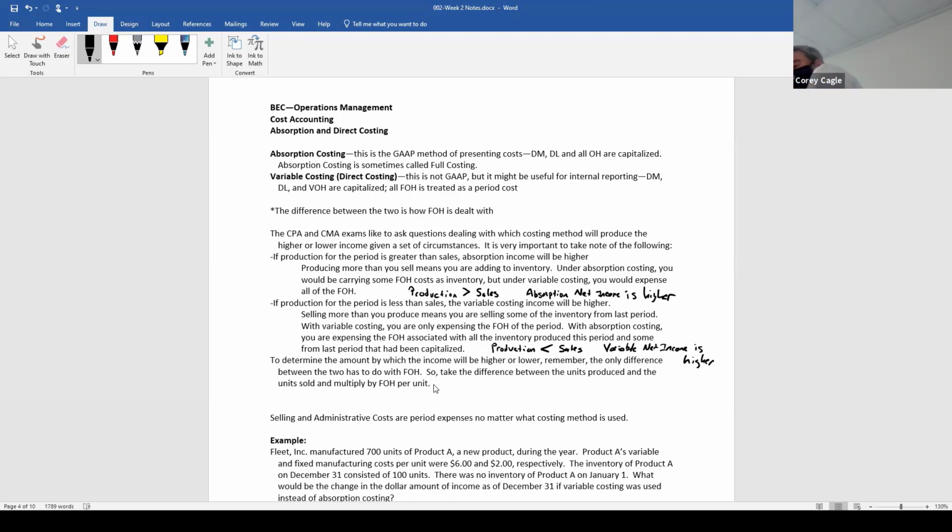So you're expensing more fixed overhead under this circumstance. So that's the deal. Definitely take note of the two definitions. Remember, the only difference is fixed overhead. Take note of production is greater than sales, absorption income is higher. You also know the opposite is true, so you don't have to state the second half of that over and over.